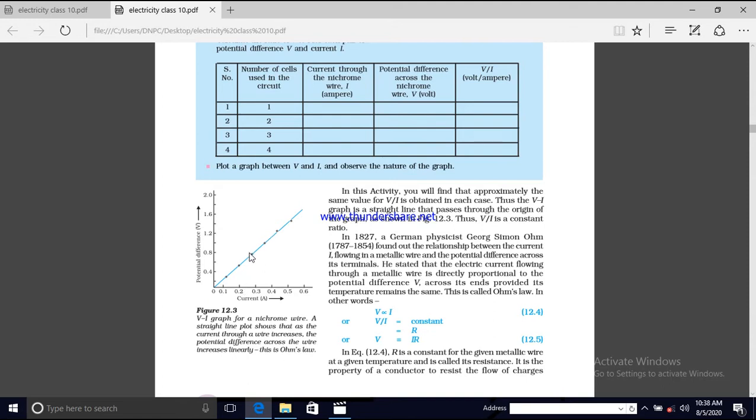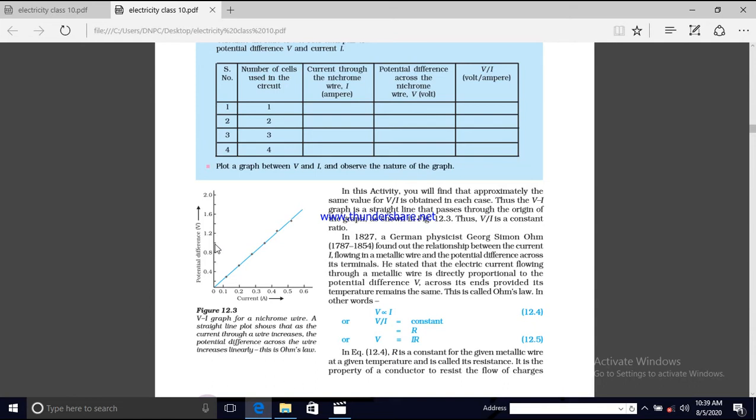As this continues, when you include 3 cells in the circuit, the potential difference becomes approximately 0.8 volt, and the corresponding current will become approximately 0.28 something. These are approximate values. And similarly, as you include the fourth cell in the circuit, what happens to the potential difference?